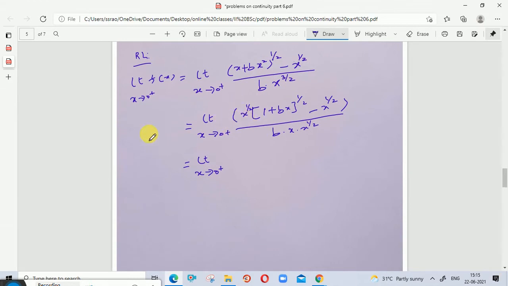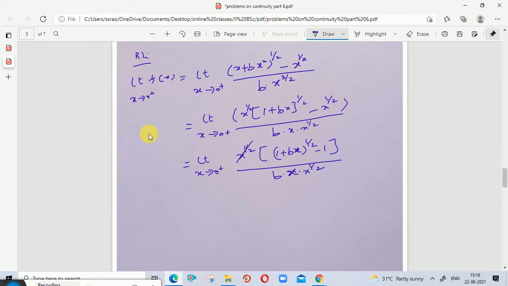Here let us take x power half common. Taking it, we get (1 plus bx) power half minus 1, divided by b into x into x power half.